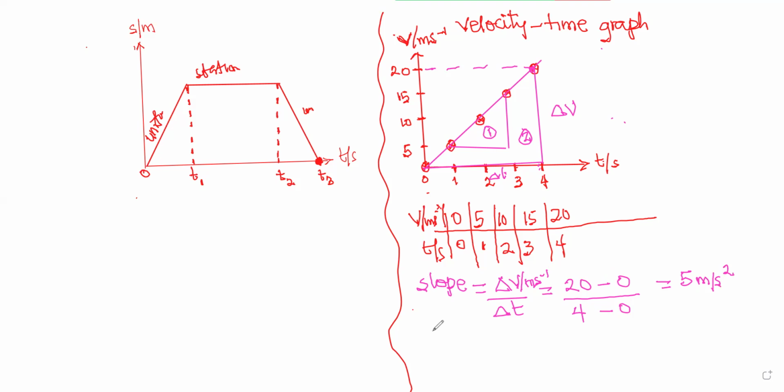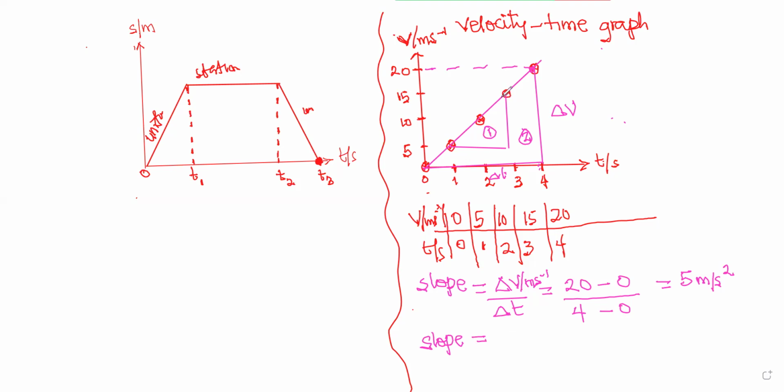What is the slope of the first one? Slope 1, the slope of the first triangle. Yeah, 5 meters per second squared. Exactly. You get the same value. The ladies, are you there? Yes. Let me hear your contributions.